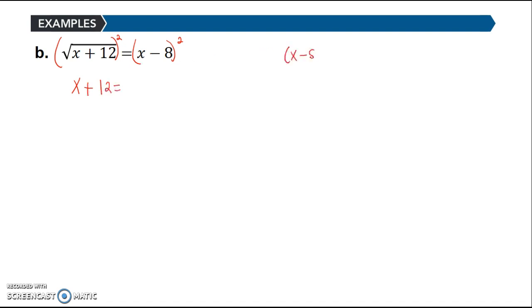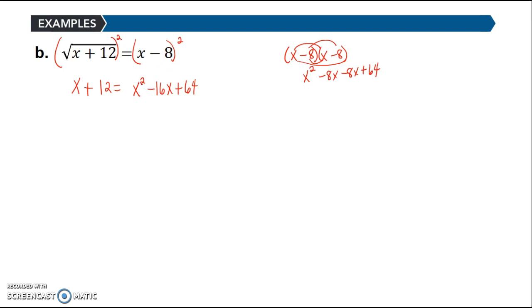When I square x minus 8, I really have to multiply it by itself and distribute to get x squared minus 8x minus 8x plus 64, which is x squared minus 16x plus 64. Remember, I get a perfect square trinomial when I square a binomial.